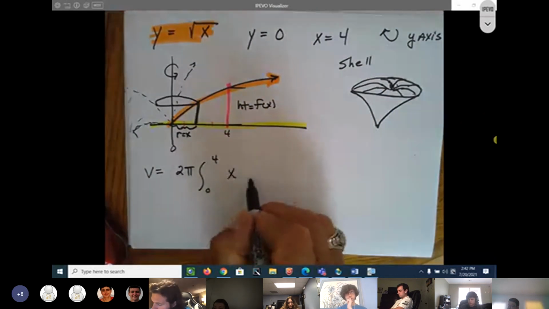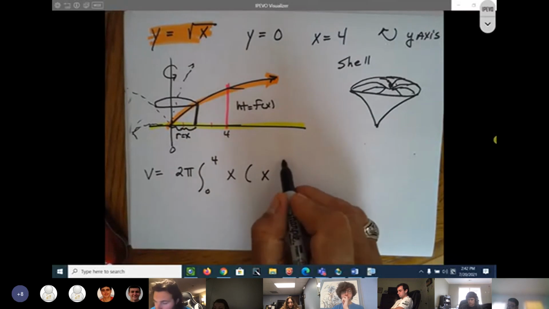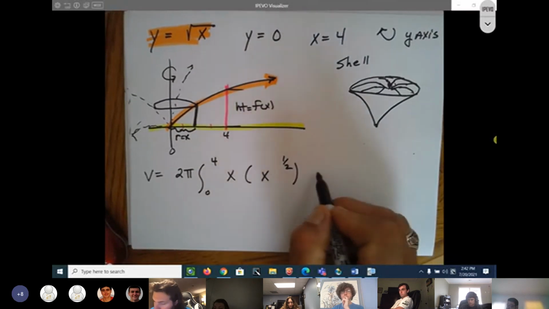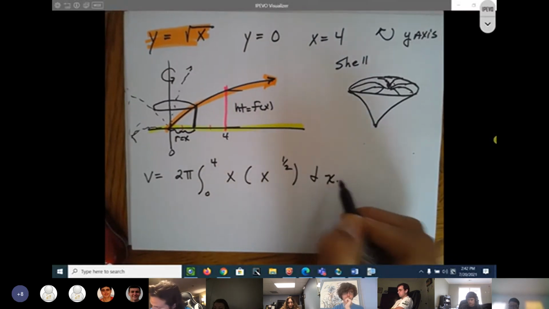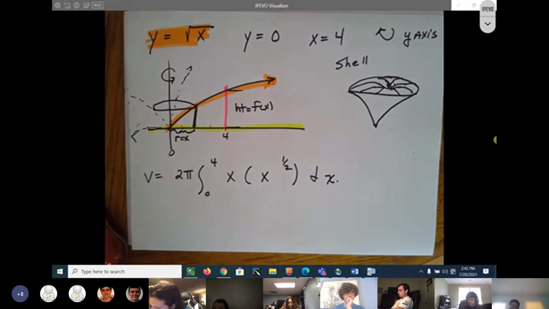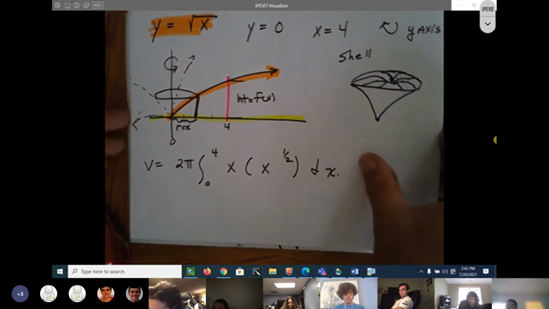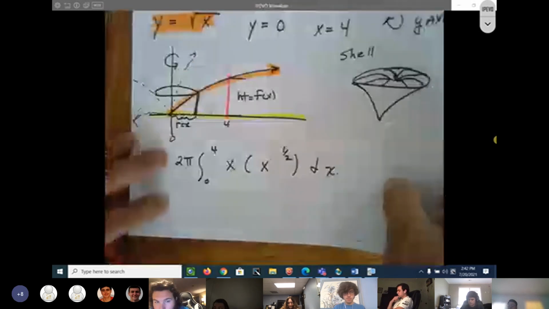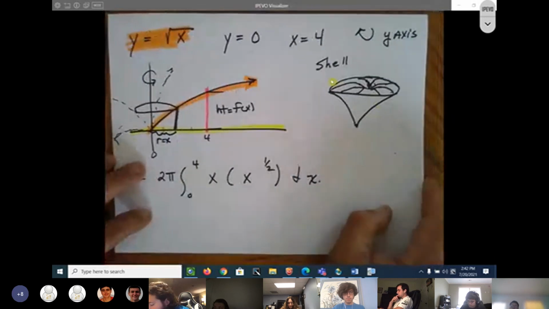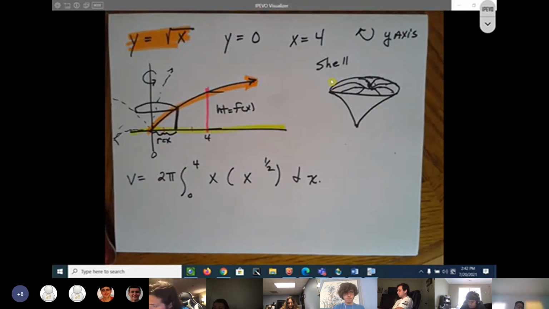So that's going to be x times x to the 1/2 dx. All right, I'm going to let y'all work it for a couple of minutes and see how we come out on the other side.